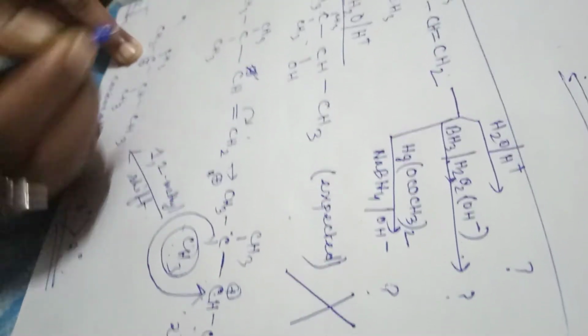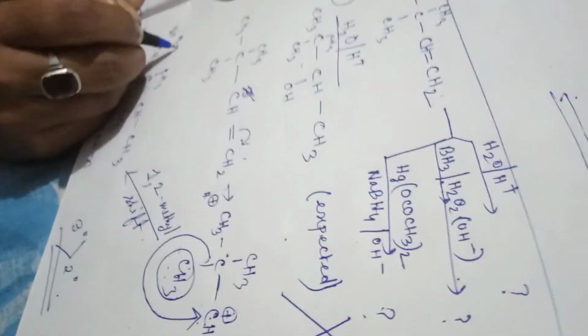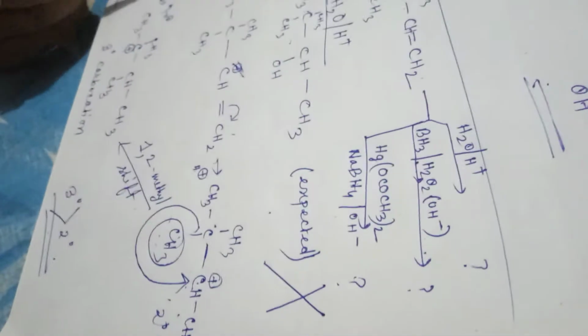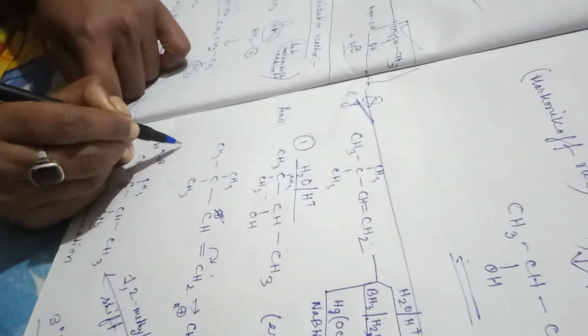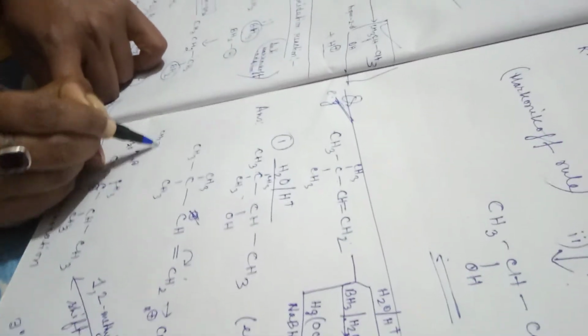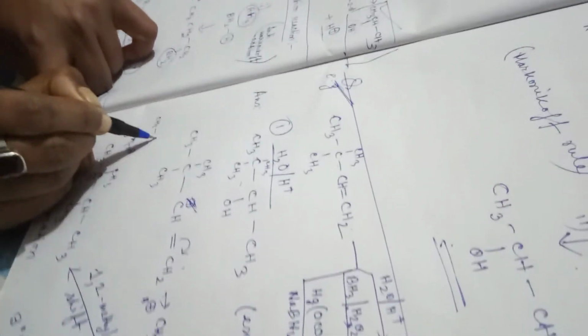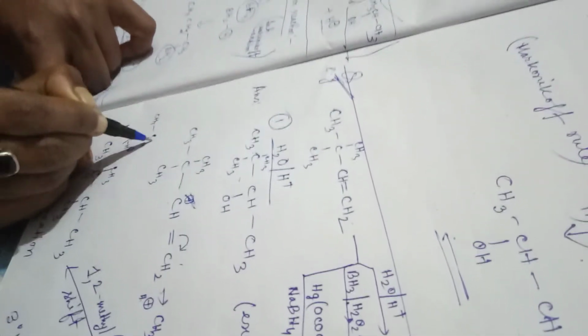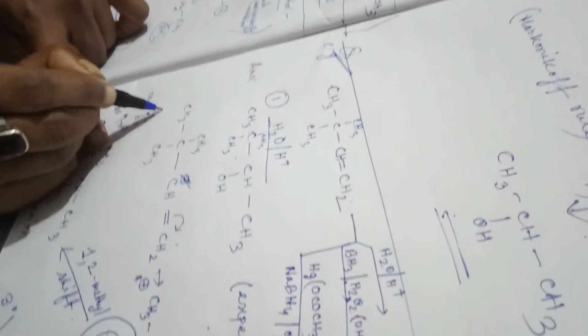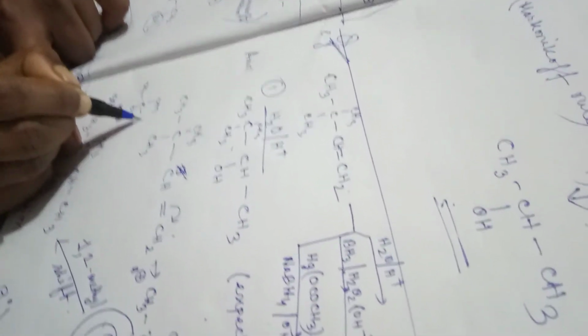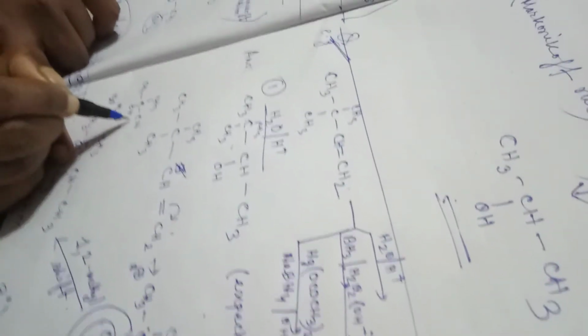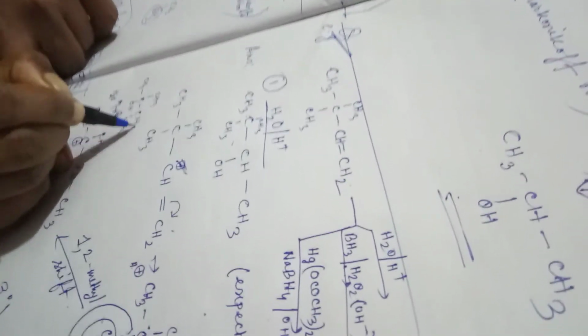So this carbocation will be formed, and after that the OH will be attached to this carbon. So what will be the product? If now water is added and deprotonation takes place, the ultimate product is CH3, then C with an OH group attached, then this CH3, then CH, then CH3, then CH3.